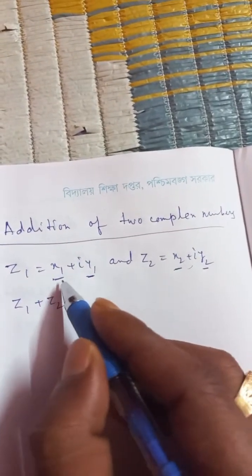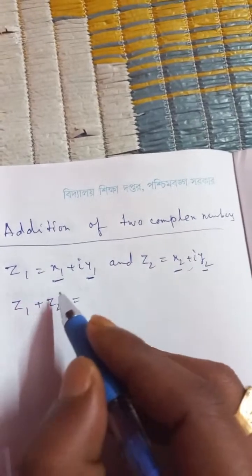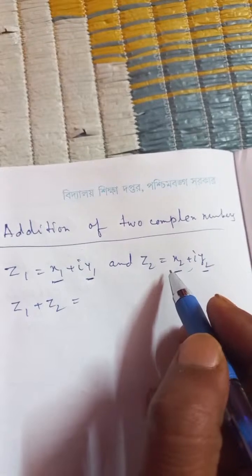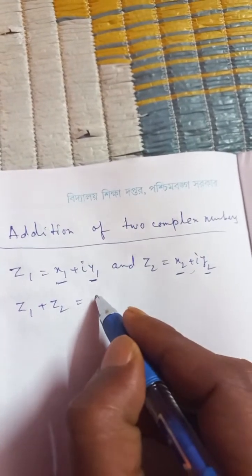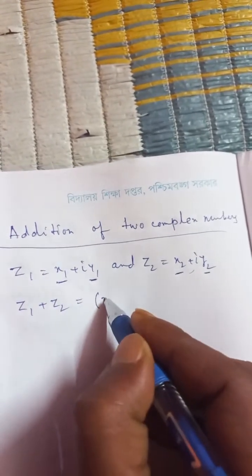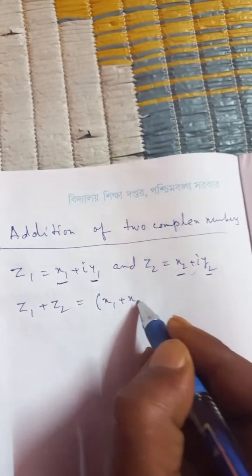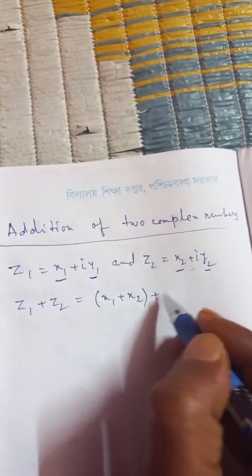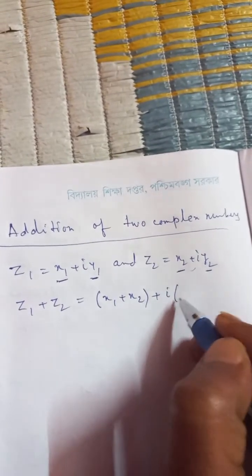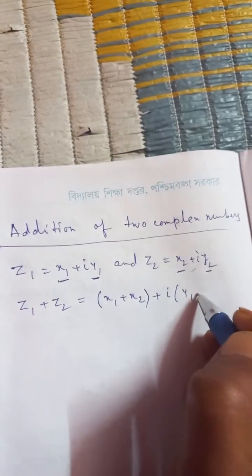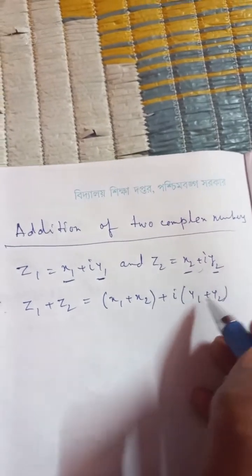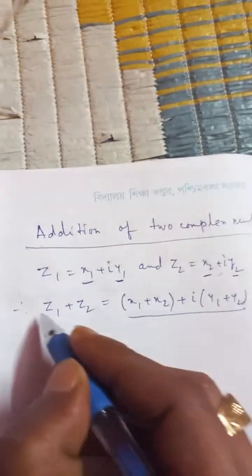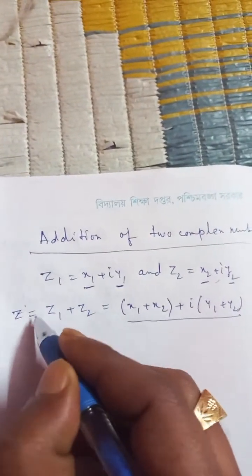When we subtract or add two or more complex numbers, we separately add the real parts and separately add the imaginary parts. So we can see that this is also another complex number, which we will represent by Z.